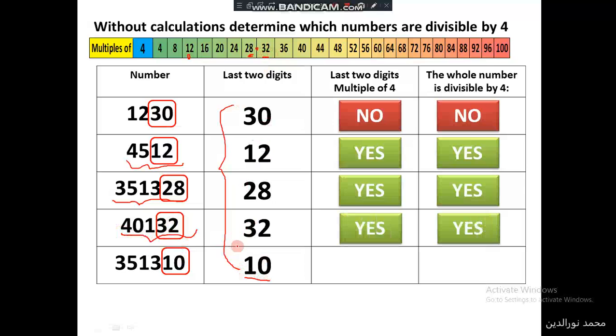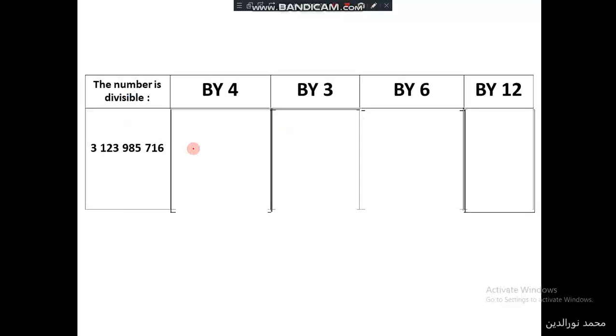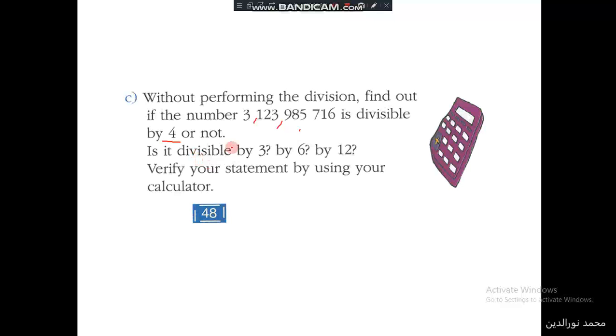And finally, we have the last two digits, 10. 10 is not a multiple of 4, then we say no. And then this number is not divisible by 4. So without performing the divisions, find out if this number is divisible by 4 or not. So how do we know if this number is divisible by 4 or not?